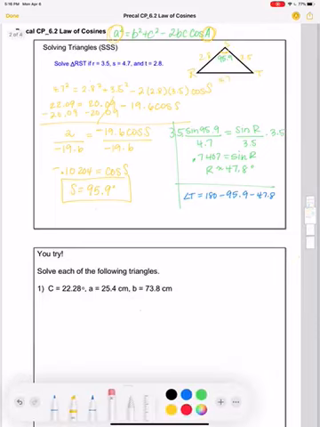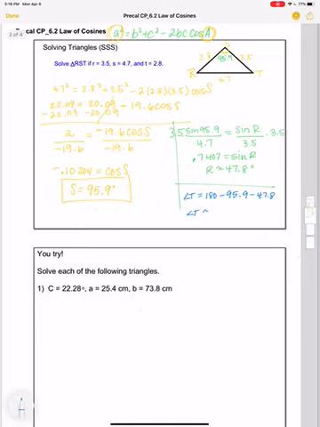And that gives me 36.3. So angle T is approximately 36.3 degrees. And now I have found all of my angles. So I have solved this triangle. So the trick is with side, side, side, find the angle across from the largest side first.